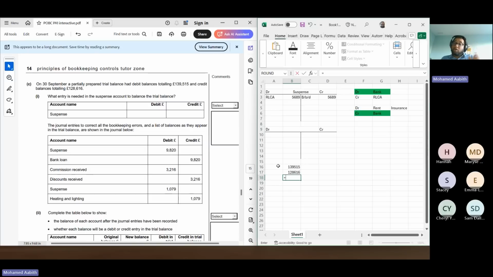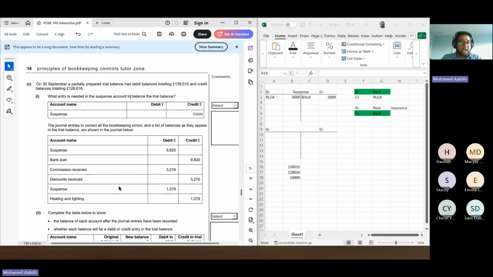Where does the suspense account go here? It goes on the lesser side, where you're going to have the lesser amount. So it's going to be minus that figure will give you 10,899. And that is the side the suspense account is going to go to, because that way it equals both sides, on the debit and credit on your trial balance.